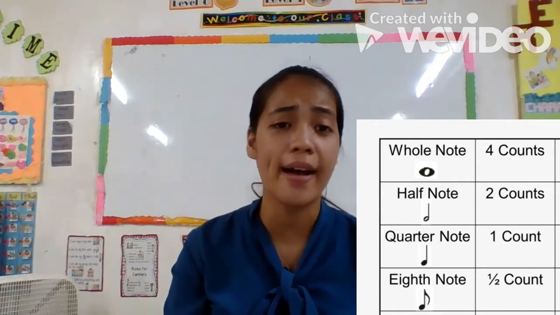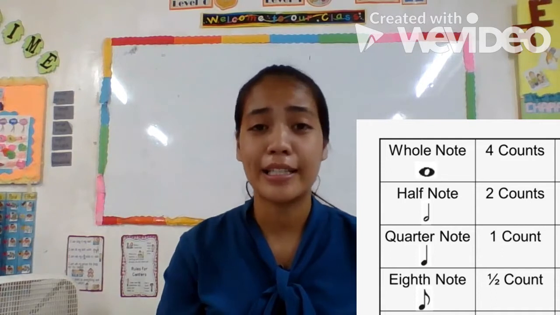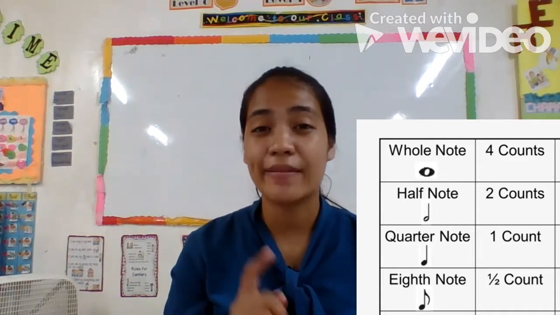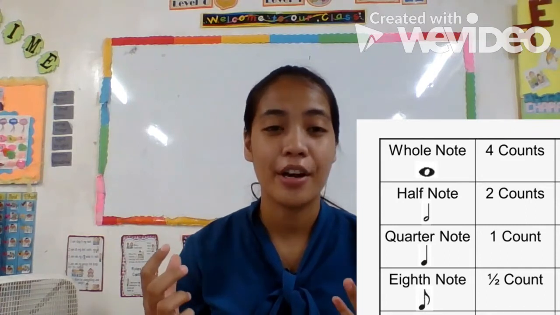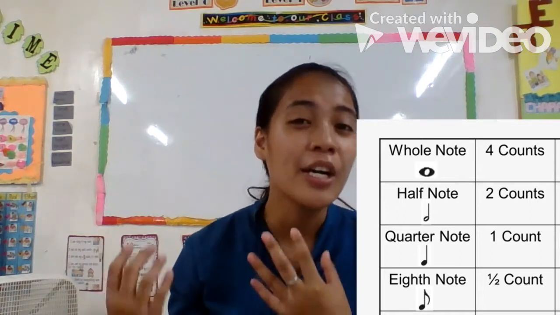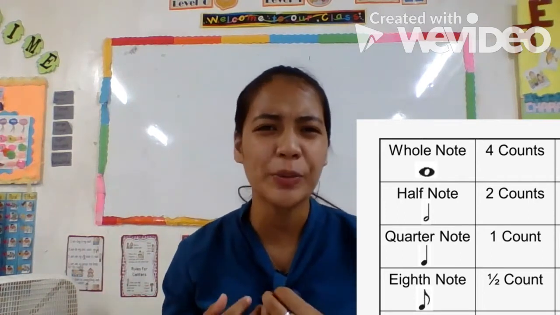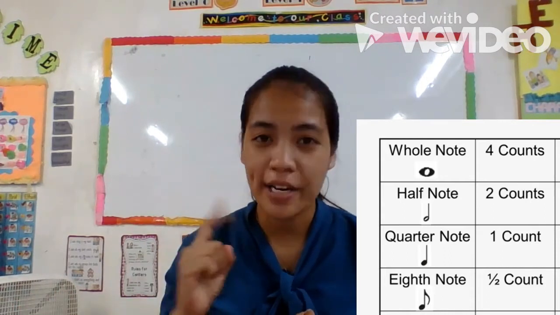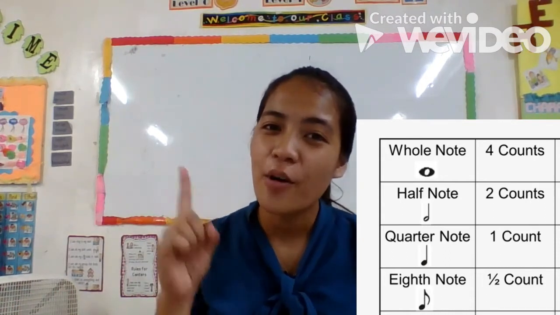Next we have eighth note. This is the last one. Eighth note, class, receives the half of the what? The half of the quarter note. How many beats for the quarter note? 1 beat. So what's the half of 1 beat?